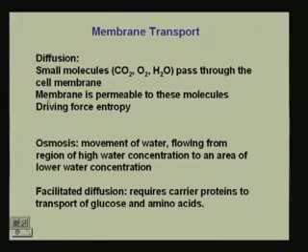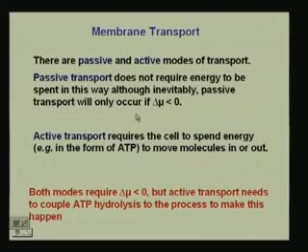Okay, so we have diffusion, we have osmosis, we have facilitated diffusion. We also have two other kinds of transport that are called passive and active modes of transport. Now, when we have passive transport, it means that there is no extra energy required for the transport of the solute from one end to the other.